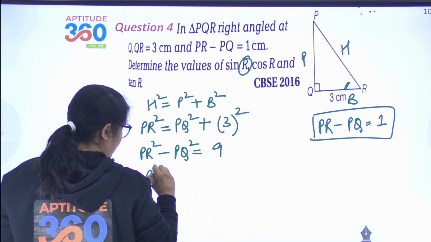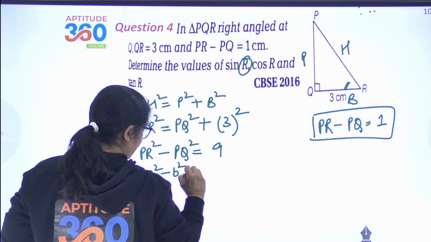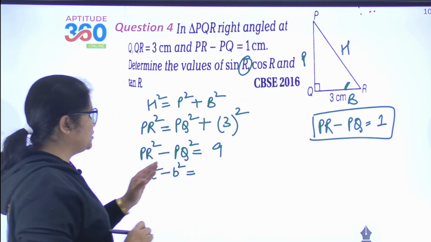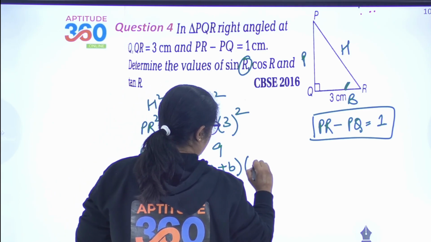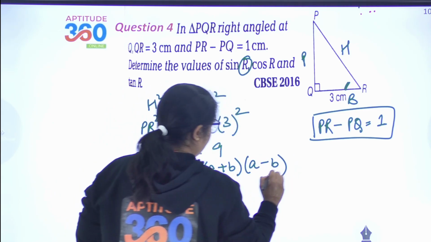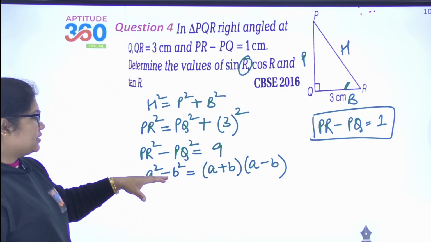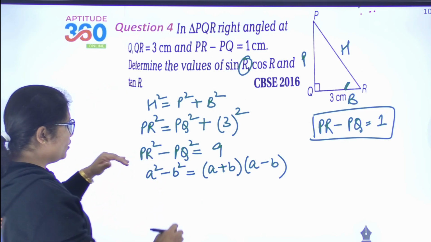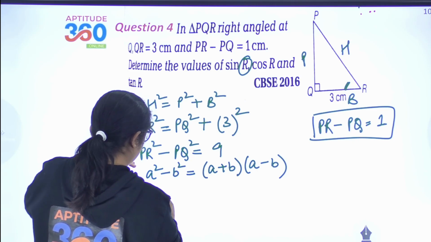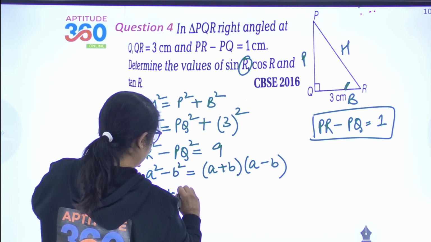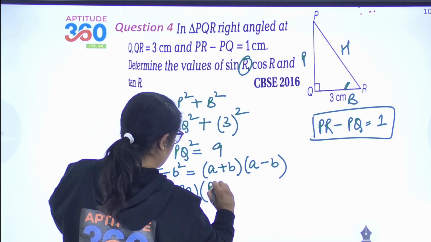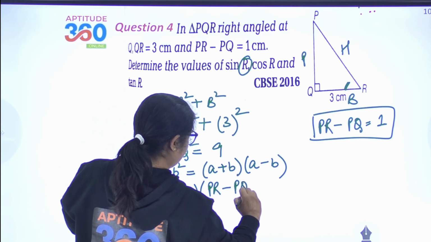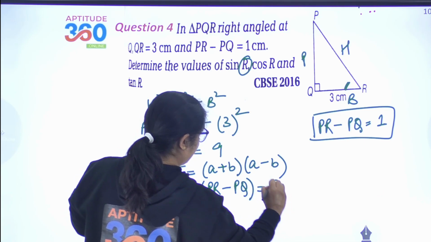Now we have studied in our algebraic identities that a square minus b square is the product of a plus b into a minus b. So if I apply this algebraic identity here, what will I get? I will get PR plus PQ multiplied by PR minus PQ is equal to 9.